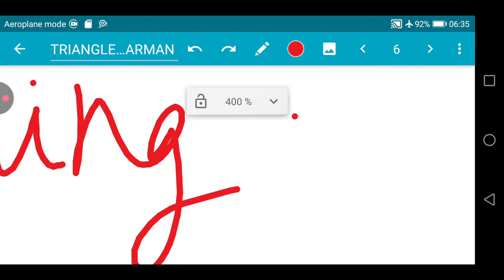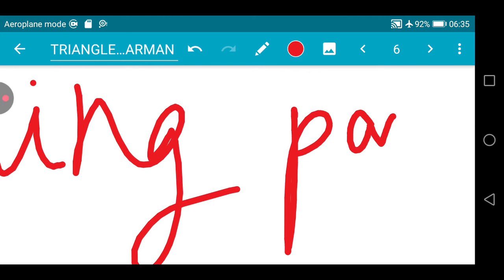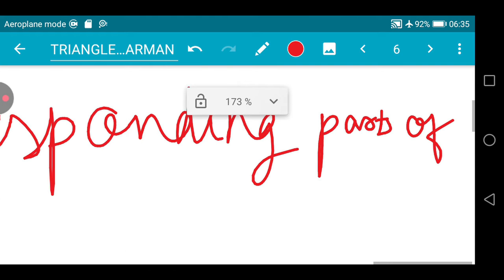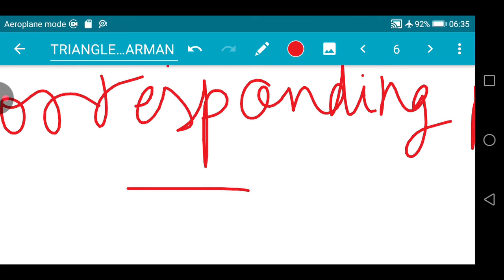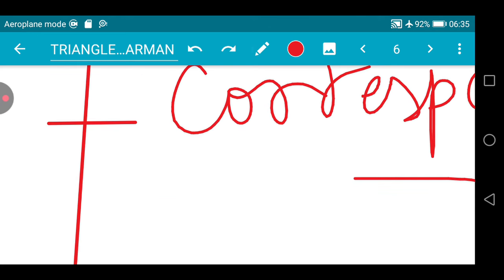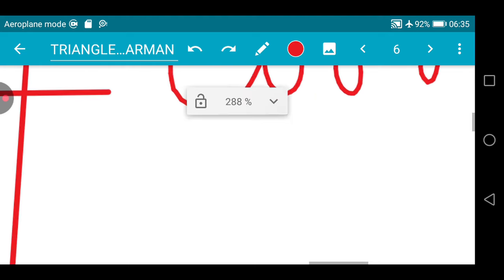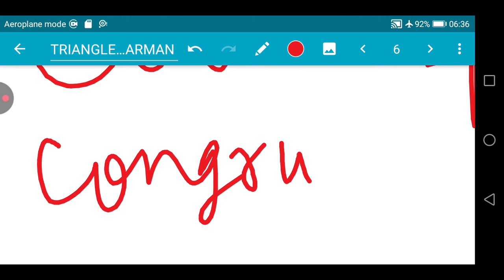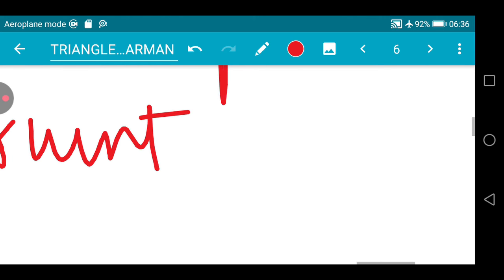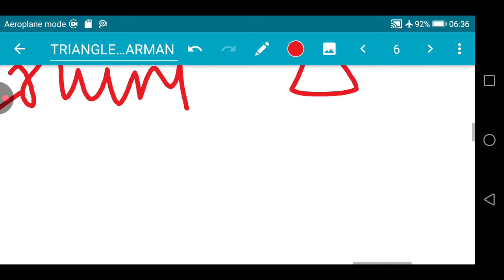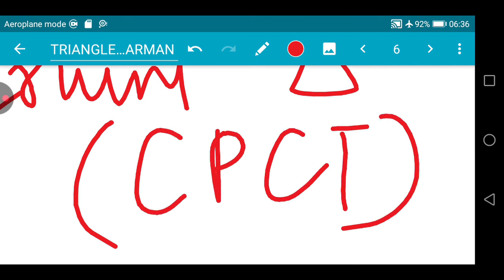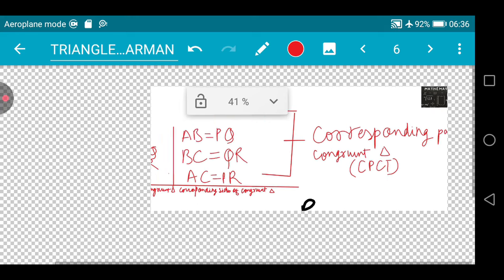We will write corresponding parts of congruent triangles, or we can say CPCT.